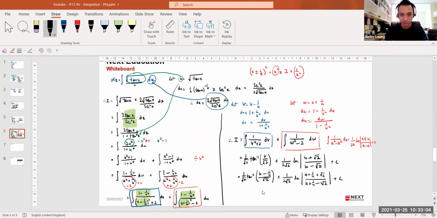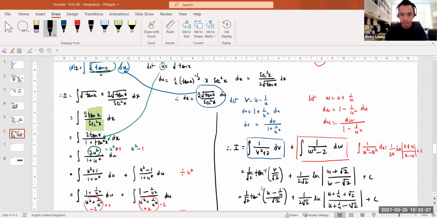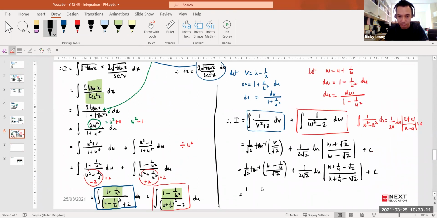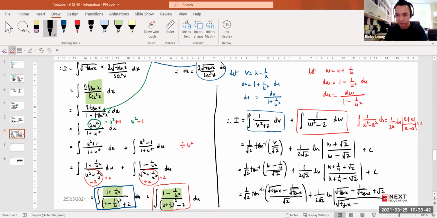Equals 1 on root 2 tan inverse, root tan minus 1 on root tan, all over root 2, plus 1 on 2 root 2 ln of root tan plus root 2, all over root tan minus root 2, plus c. It actually cleans up a bit nicer.